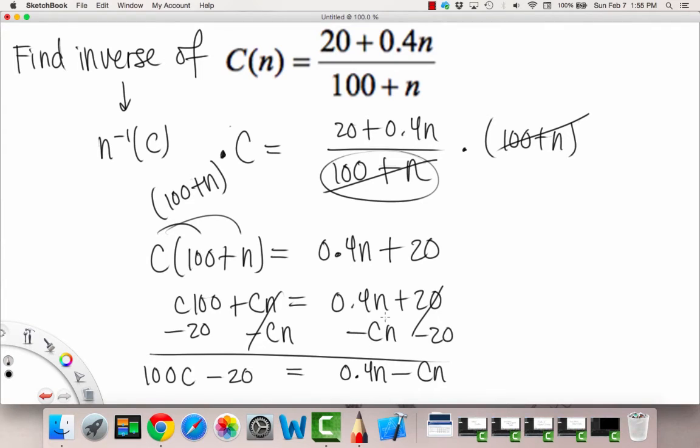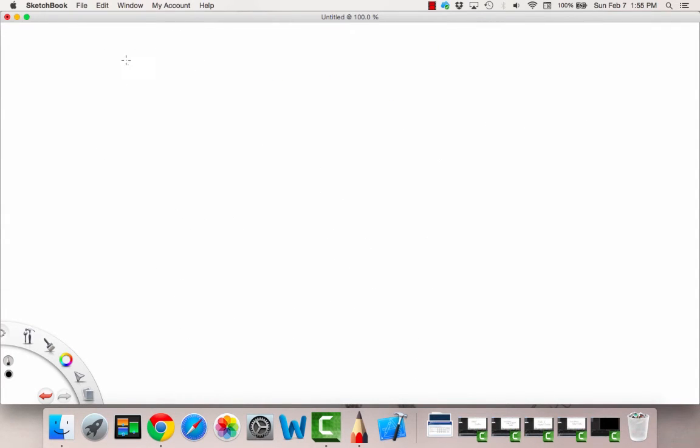Let's continue this on the next slide. So we have 100c minus 20 is equal to 0.4n minus cn. On the right side, we can factor out an n, so n times 0.4 minus c.